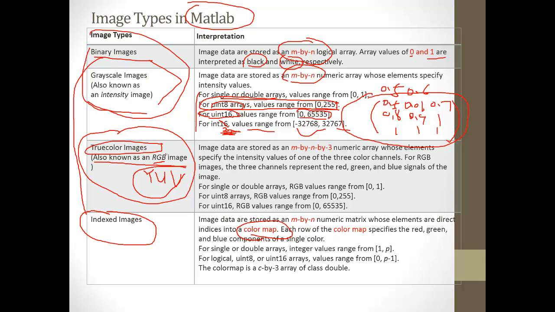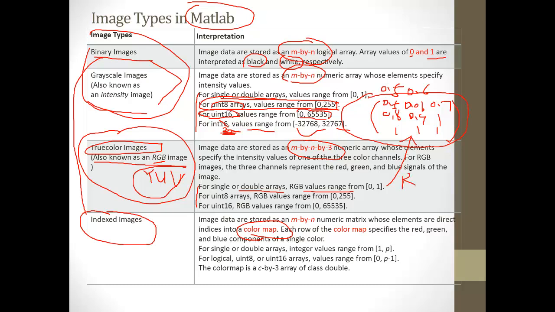For true color image, first you need to determine that the true color image should be an n by n by 3 matrix. That's the first thing. After that, they also have 3 types. There is the double precision true color image. The RGB value ranges from 0 to 1. It's similar to each color matrix here.